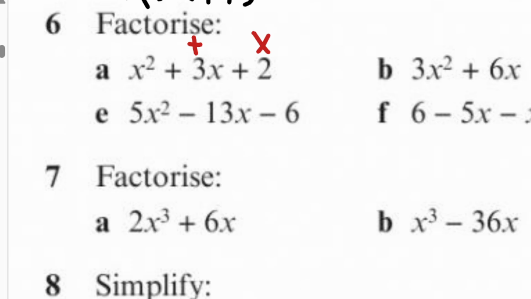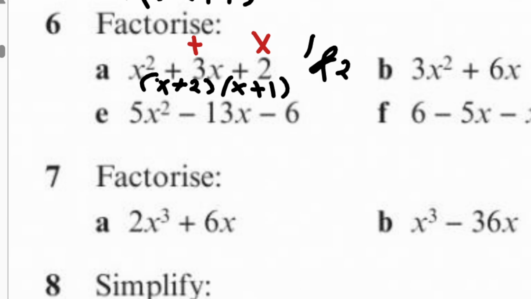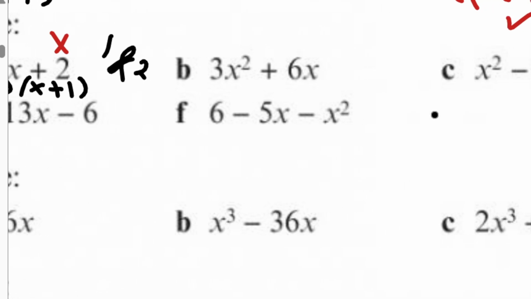It's 1 and 2. This is how you write them. You open brackets like this, x plus 2 and x plus 1, and you finish this question. Now let's look at question B here.